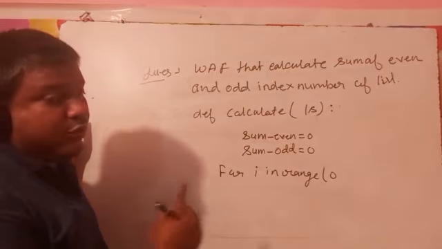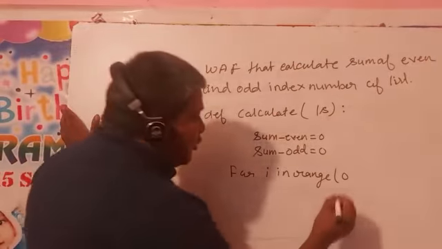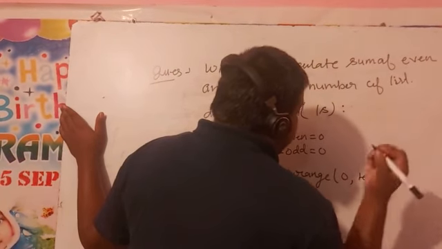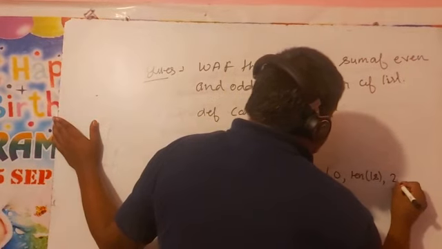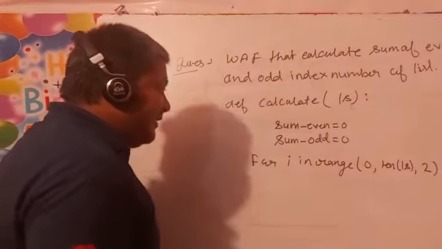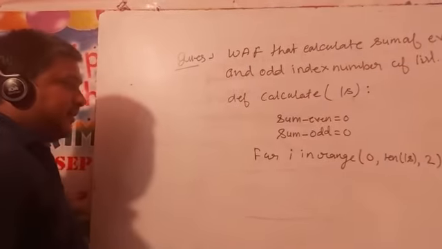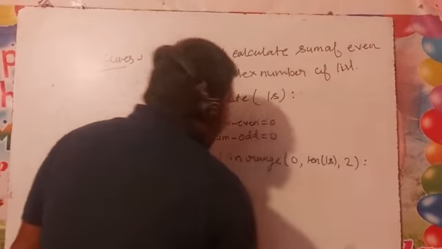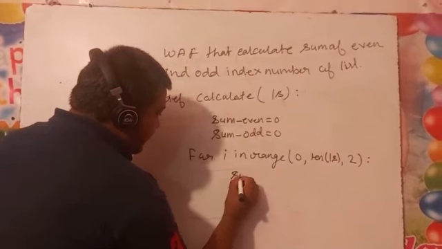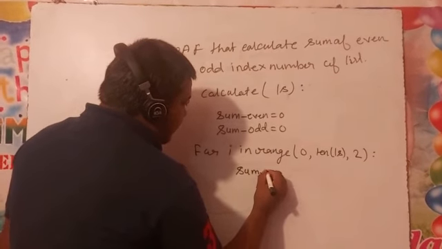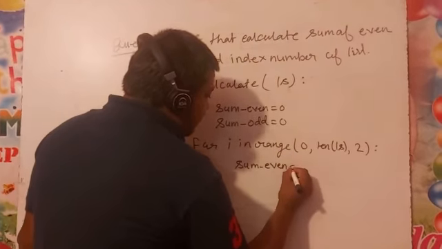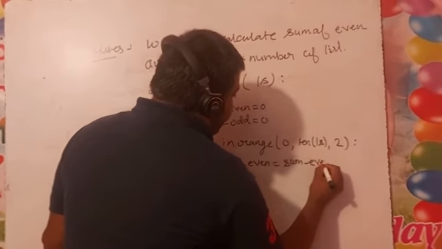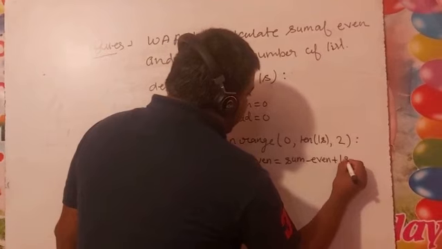So it will go from 0 to the length of ls with an increment of 2, because on every 2 indexes the even index will come. So colon, and then we write sum_even is equal to sum_even plus ls of i.